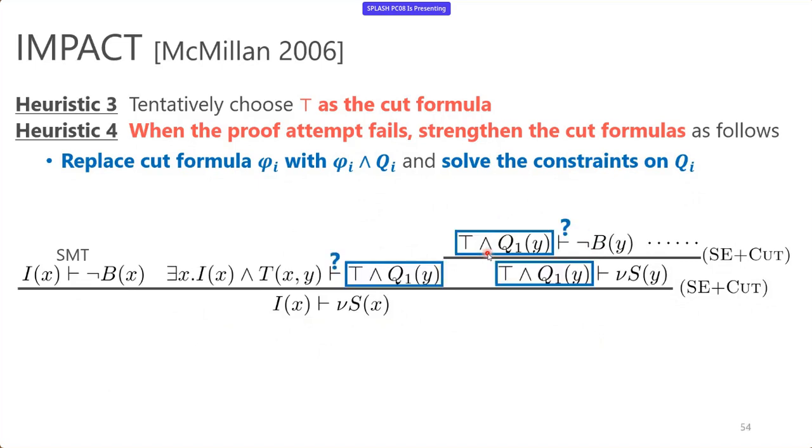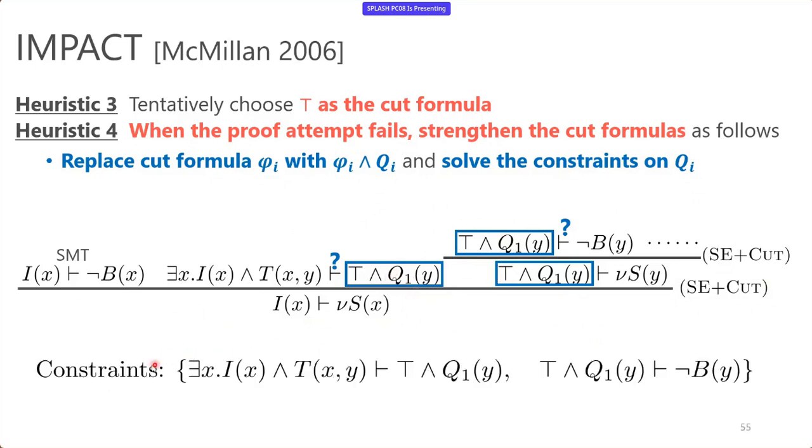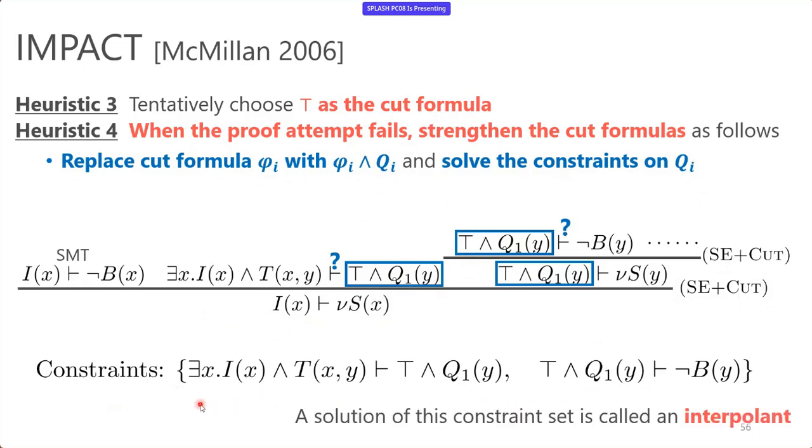Then we refine the cut formulas by strengthening them with new predicate variables like this, introducing Q1, and solve a system of constraints like this. Actually, a solution of this constraint set is called a Craig interpolant.